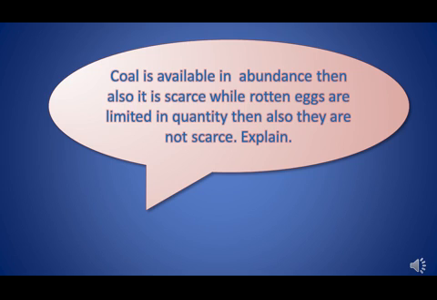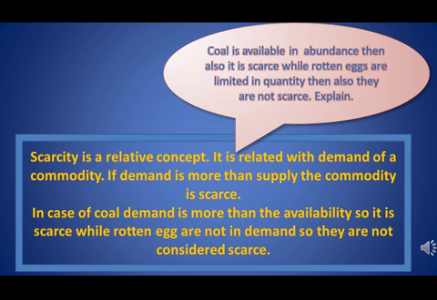Explain. The explanation is that scarcity is a relative concept. It is related with demand of a commodity. If demand is more than supply of the commodity, then that commodity is considered scarce. In case of coal, demand is more than the availability, so it is scarce.